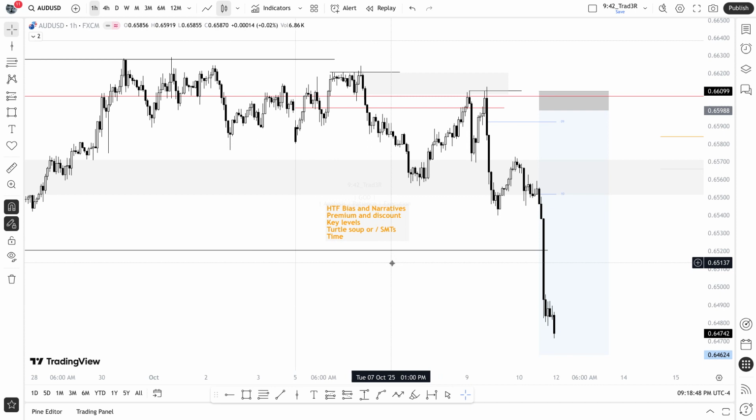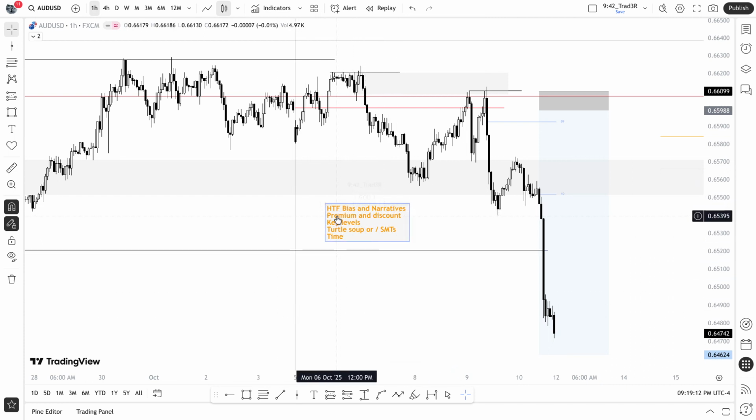Price moves only for two reasons. Reason number one, to take out liquidities above old highs and below old lows. Reason number two is to fill up imbalances in price, which are fair value gaps. These pockets were left behind as price was dumping aggressively, and price will come back to fill them up at some point before continuing lower. Those are the two reasons price moves.